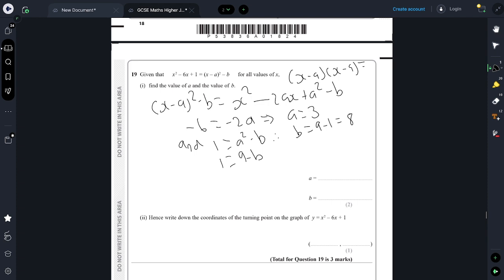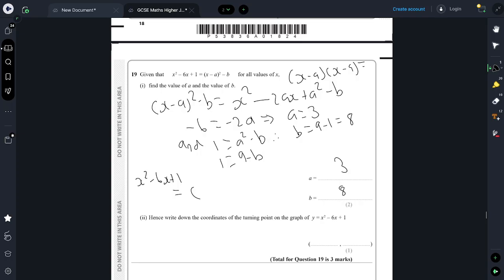Now, that's if you're stuck on what to do. What you should realise is that it's completing the square. This is complete the square form. You should recognise this, and part B shows that you must know this. But so how do you complete the square? Well, focus on the x bit first, because this is all the x bit.